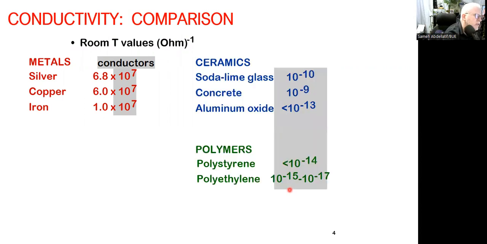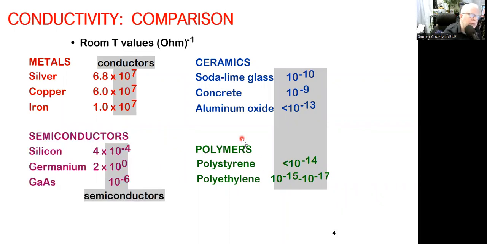Other materials will have very, very low conductivity, like 10 to the power negative 5, negative 10, negative 17, and so on. And a third group of materials will have an intermediate conductivity, not as high as the first group and not as low as the second group.